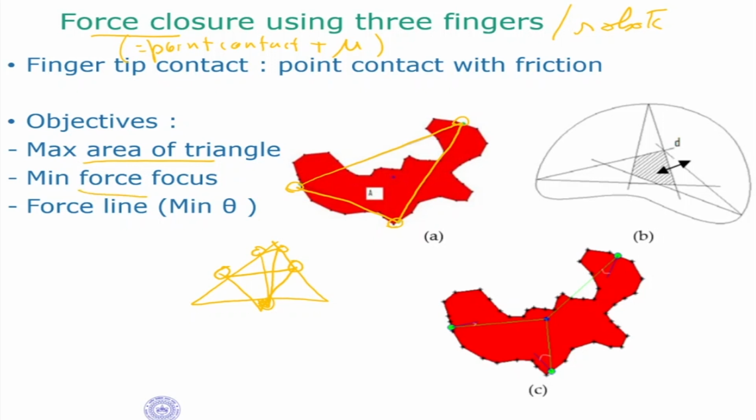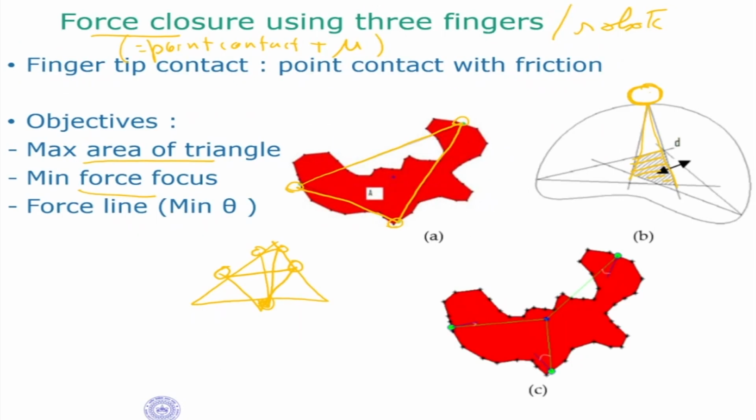The minimum force focus, that is theta, we talked about. At every point, if I have a fingertip here, then there is friction there, so there is a friction cone. The friction cones intersect, and they have this area which is the intersection of all the friction cones. In that area we also have the CG of the object, right?